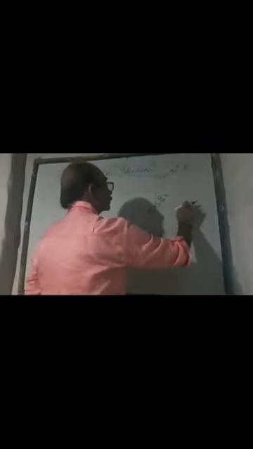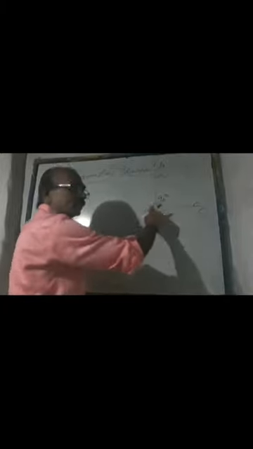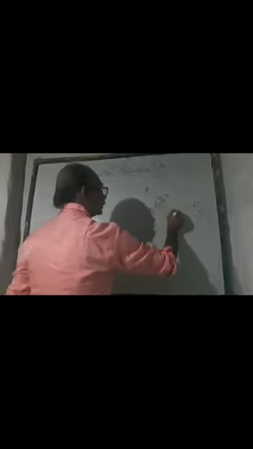Now just consider this triangle ABC, with a right angle at B. For angle C, this will be the perpendicular, this is the base, and this is the hypotenuse. I am going to discuss the trigonometric identities. For the time being, we just consider this one.